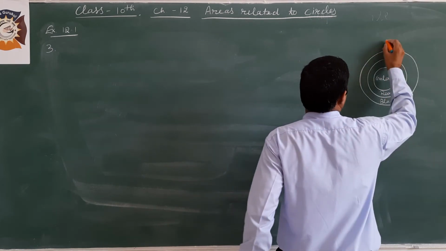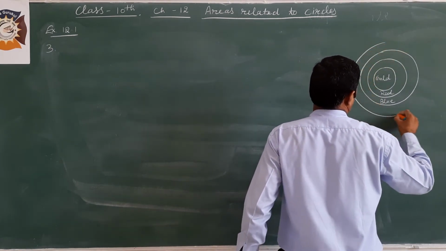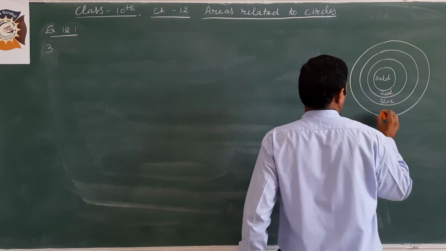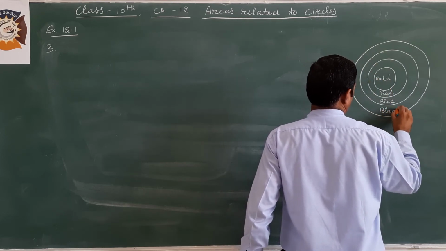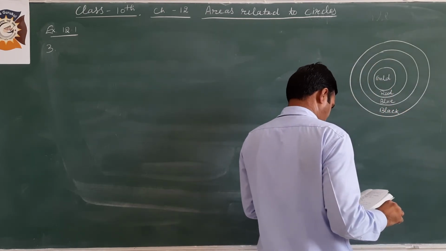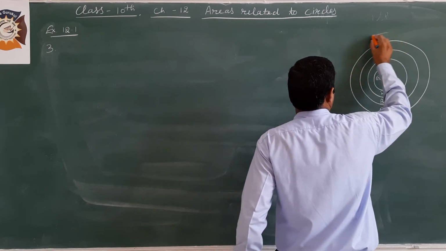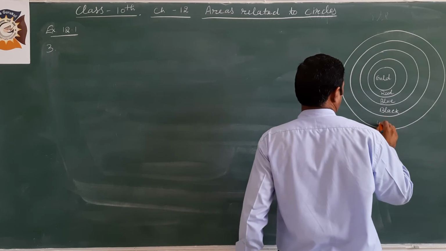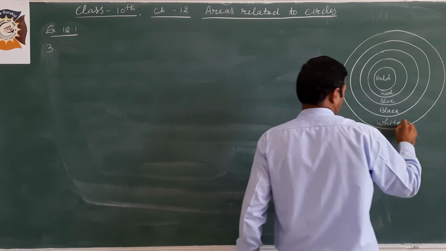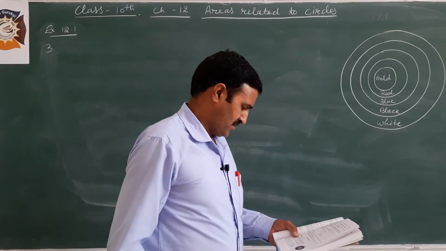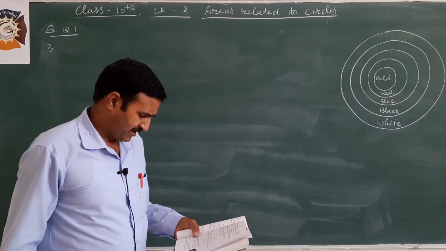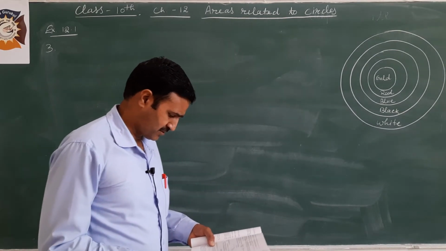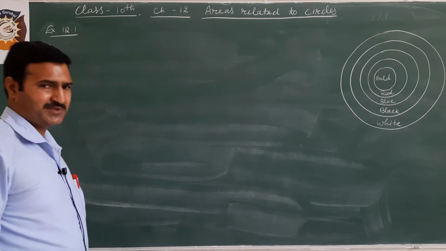Fourth, black region. And finally the fifth region is white region. It's given in the question. The diameter of the region representing gold score is 21 centimeter.